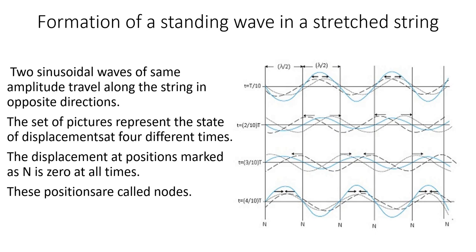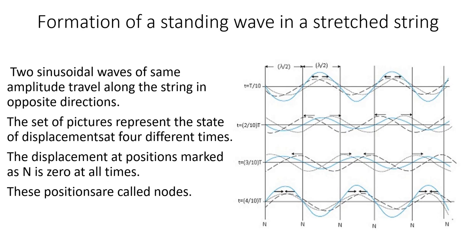Okay, it shows the displacement at different times. The displacement at positions marked as n is 0 at all times. Okay, so here you can see that at n equal to 0, all the time amplitude will be 0, so displacement will be 0. These positions are called nodes.